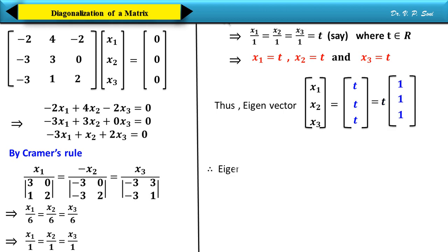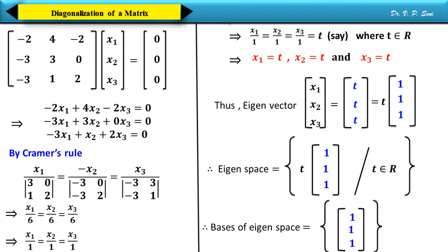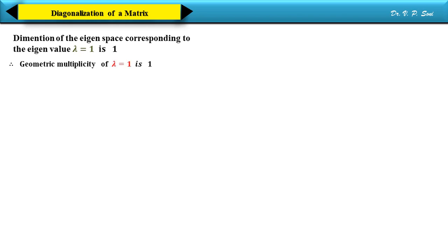Therefore eigenspace is a set T into vector 1, 1, 1 such that T belongs to R. Therefore basis of eigenspace is a set containing one vector 1, 1, 1. Here basis of eigenspace contains only one vector, therefore dimension of eigenspace corresponding to eigenvalue lambda equal to 1 is 1. Therefore geometric multiplicity of lambda equal to 1 is 1.